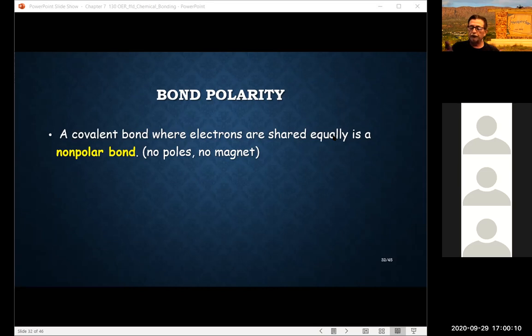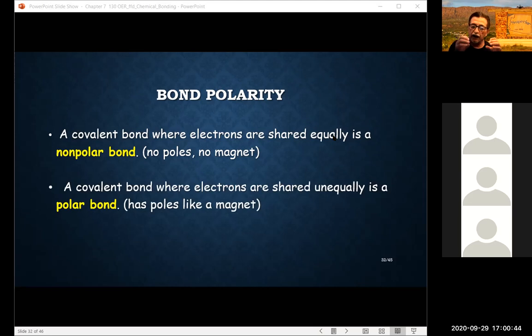You know, the Earth has a pole, the North Pole and the South Pole. Your battery in your car or electronic device has a positive side and a negative side. A non-polar bond does not have that. It is two atoms bonded together that happen to be the same atom, and therefore there's equal sharing of the electrons, be it a single bond, double bond, or triple bond.